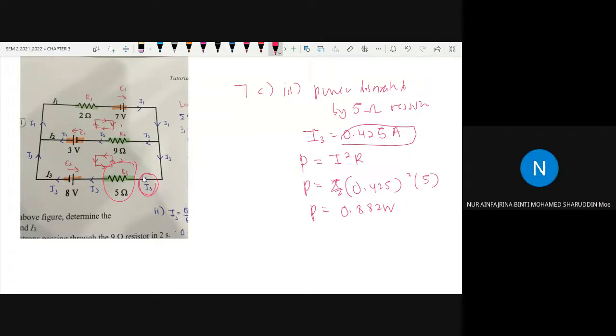Kenapa Miss dapat? 0.42 squared darab dengan 5. Oh, korang dapat. Okey lah, lari. Korang akan dapat dalam 0.903 watt. Bezanya apa? Bila dapat 0.882, Miss guna 0.42. Tapi kalau korang guna 0.425, korang akan dapat jawapan yang ini.